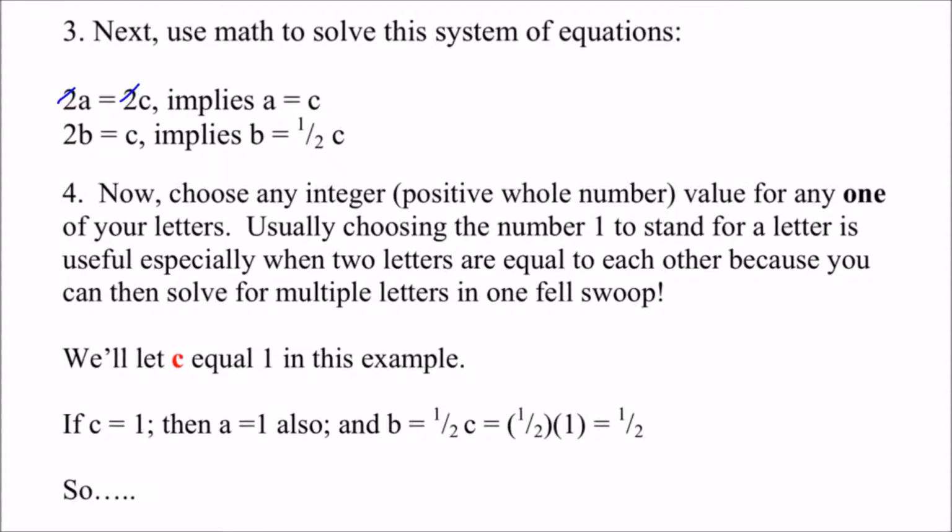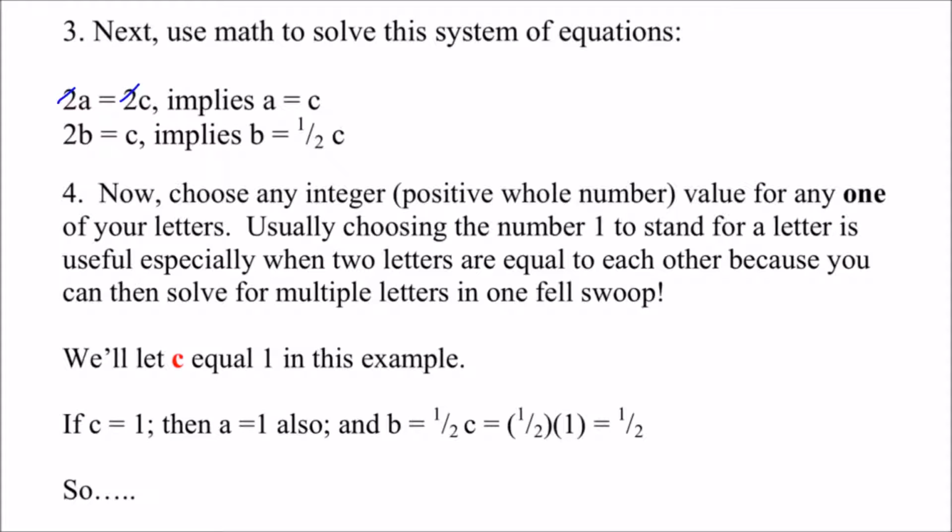The next step is you get to choose any number you want, and it needs to be a positive whole number, and it can stand for any letter that you have up there, A, B, or C. Usually we choose the number 1, and the smaller the number, the better. But you choose any number you want and set it equal to one of your variables.